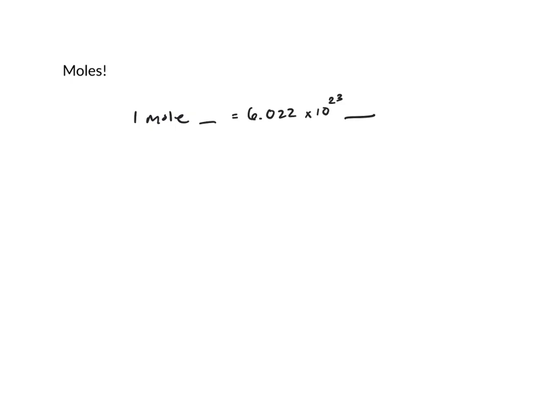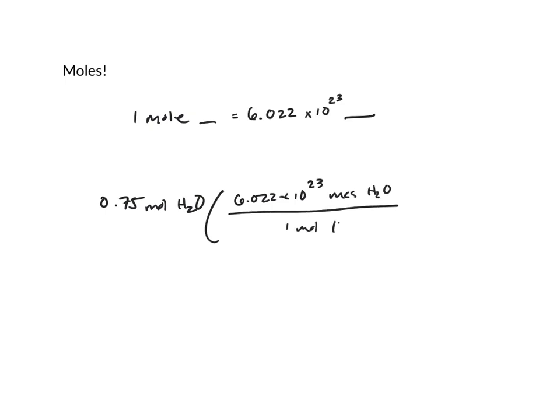So this number is ridiculously huge and really doesn't make sense for us to use in terms of anything other than moles, right? But this tells me how many particles I have. So for example, remember that if I have 0.75 moles of water, I can calculate the number of molecules of water because I know that I have 6.022 times 10 to the 23rd molecules of water for every 1 mole of water.